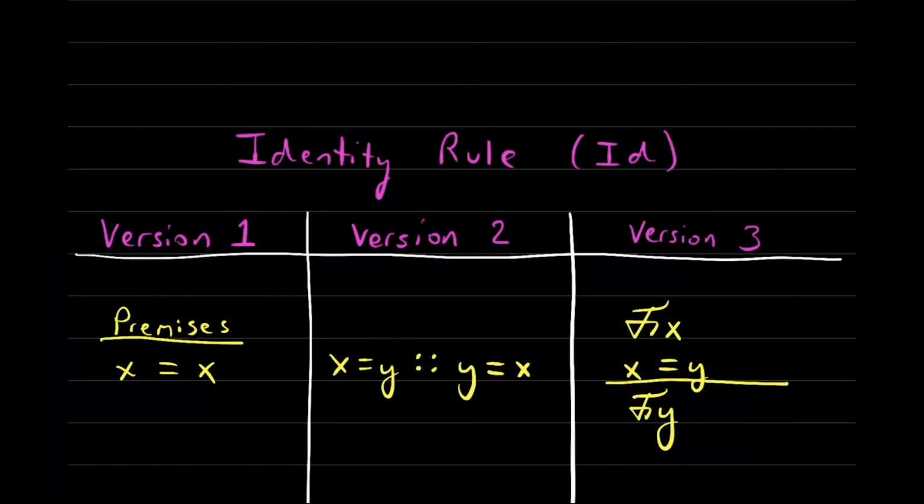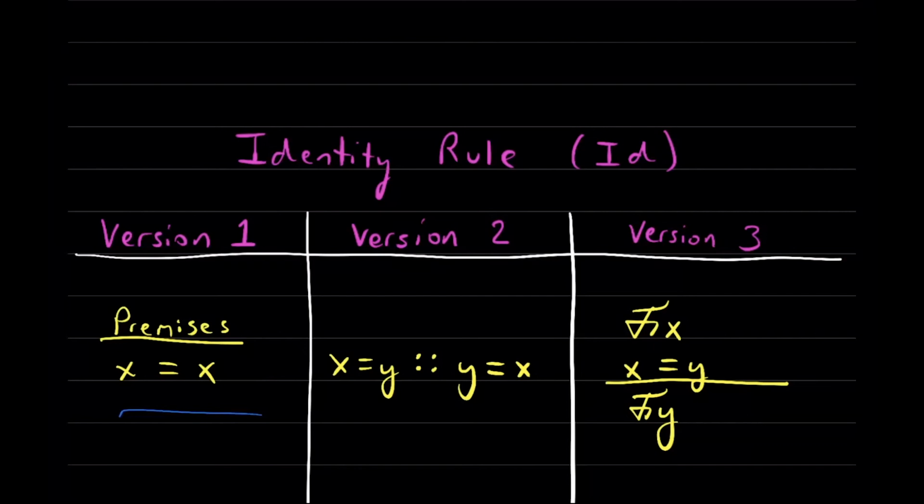The first version of the identity rule, what I've called version 1, allows you to introduce a self-identity statement. By self-identity, I mean some object being identical to itself. X is identical to X, A is identical to A, B is identical to B, and so on and so forth. You can introduce a self-identity statement anywhere you want inside a proof, and it doesn't matter what your premises are. That's what's going on here in the given form of this rule.